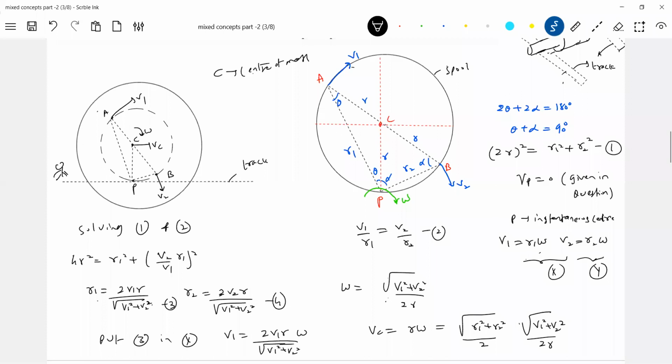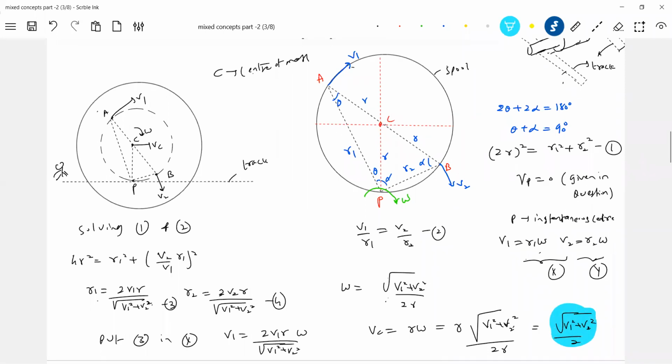Oh, what I did already. No need of this one. Already we have R into omega. Okay, so just simplify, no? This will be root of... So this will be our answer 1, the velocity of center of mass.